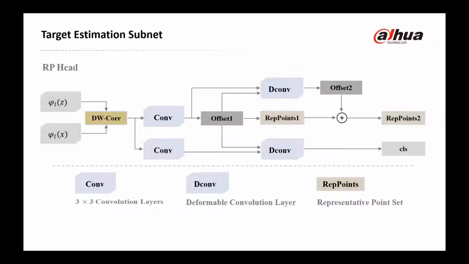For each location on the correlation feature map, the regression head outputs a set of offsets to refine the distribution of sample points via 2 stages, while the classification head outputs 2 channels for foreground-background classification. The deformable convolution layer facilitates more powerful feature representation and contributes to truly understanding the visual patterns of objects.